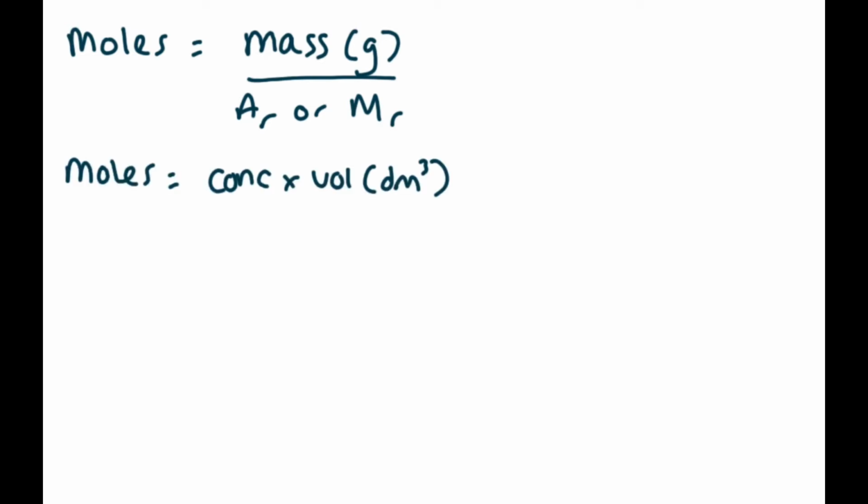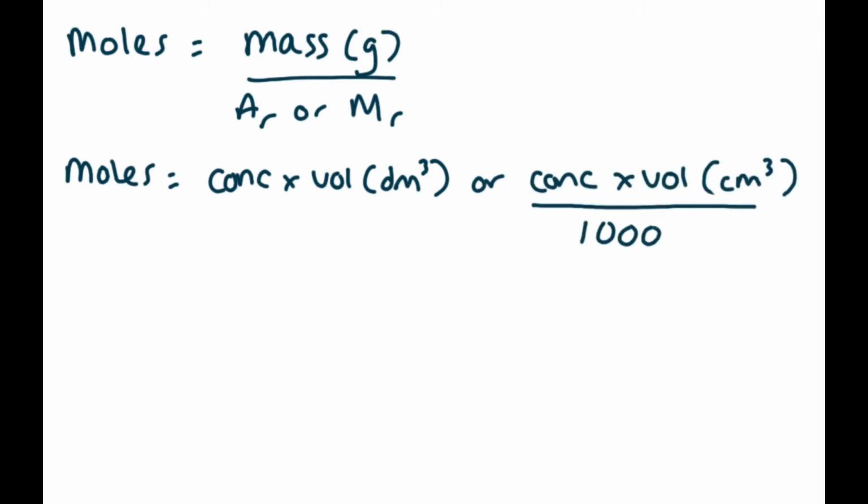If you have a calculation with solutions, then you need moles equals concentration times volume. If the volume is in centimeters cubed, you need to divide by 1,000. That's because 1 decimeter cubed equals 1,000 centimeters cubed, and that's why you need to divide by 1,000.